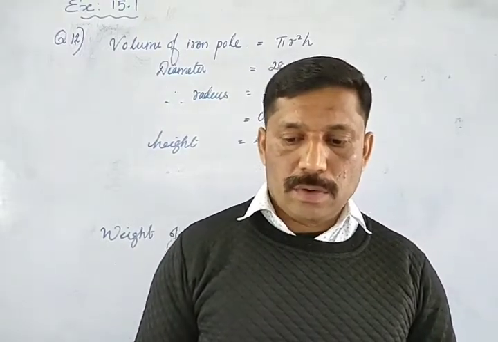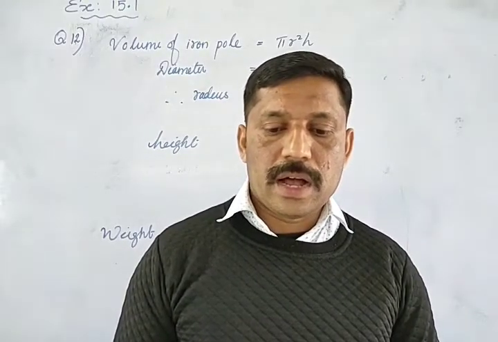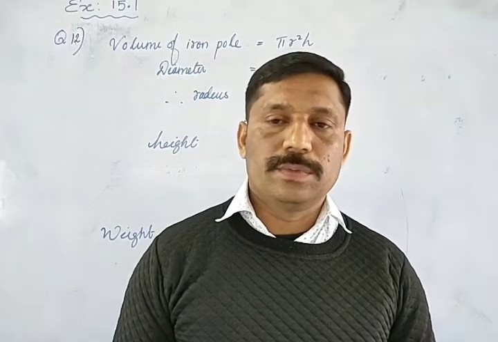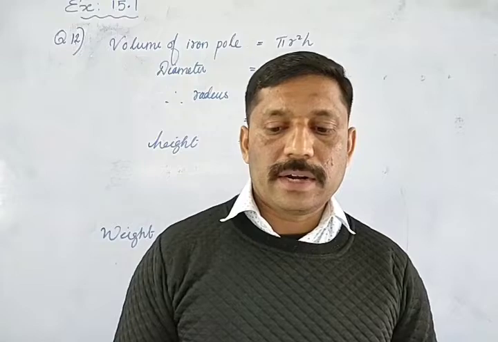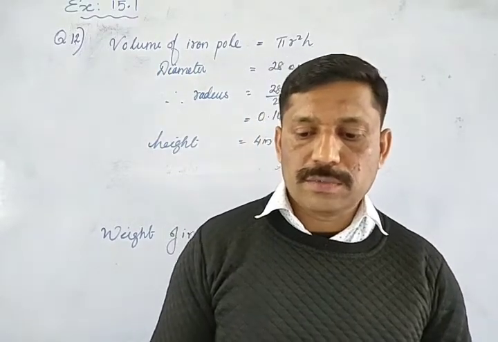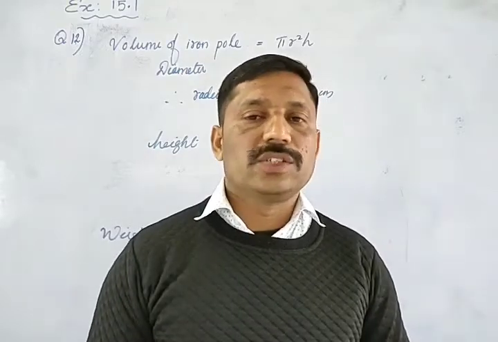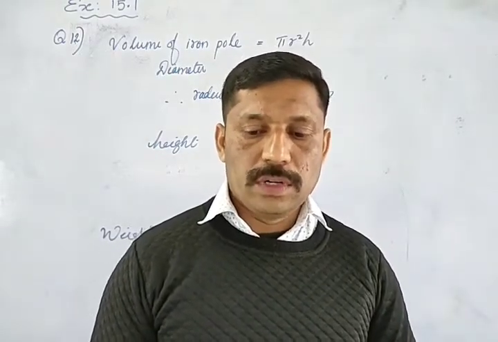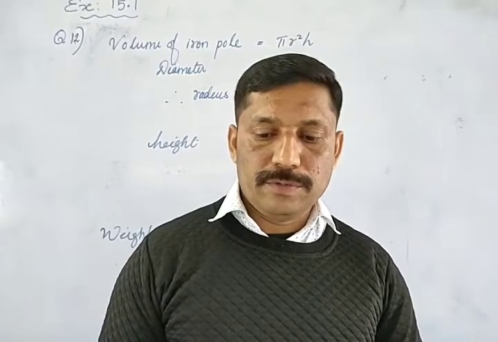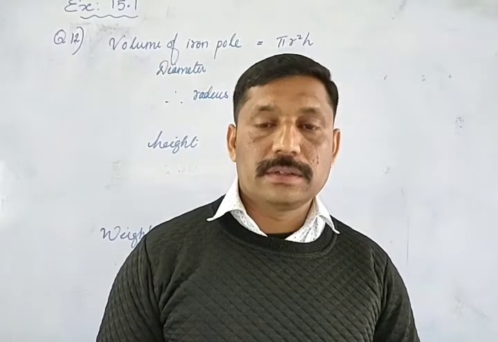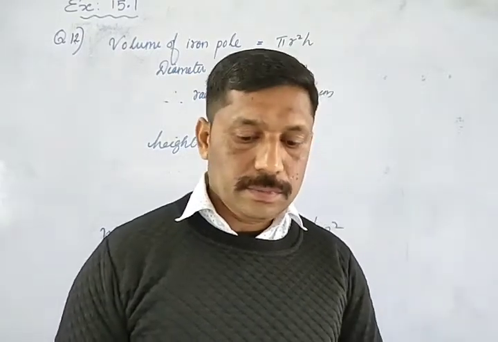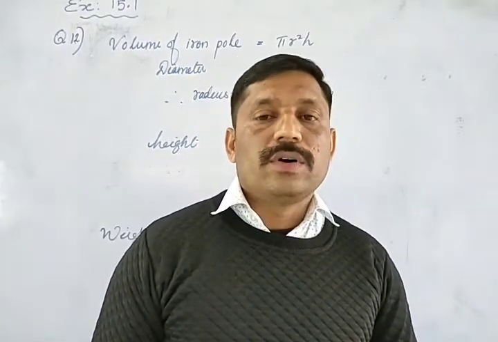Find the weight of the pole if the iron weighs 50 kilogram per meter cube. 1 meter cube iron is 50 kilogram. So we must find the volume of the iron pole, and we multiply the volume by 50 kilogram, then we get the total weight of that iron pole.